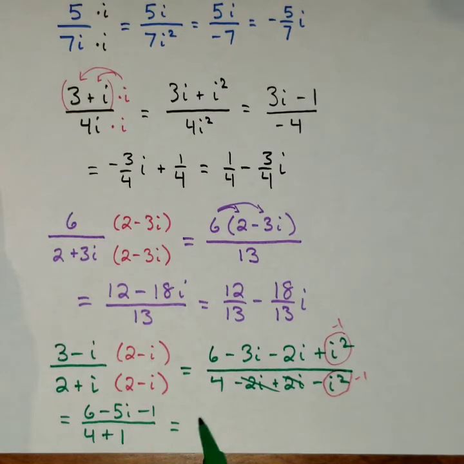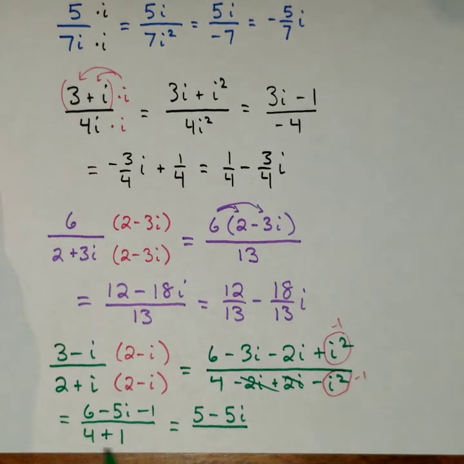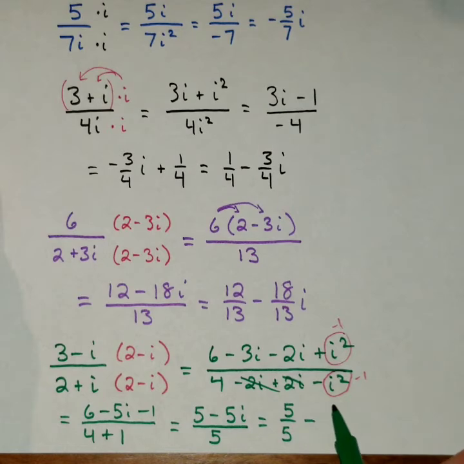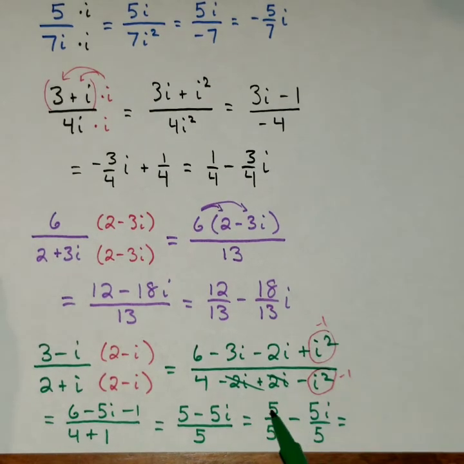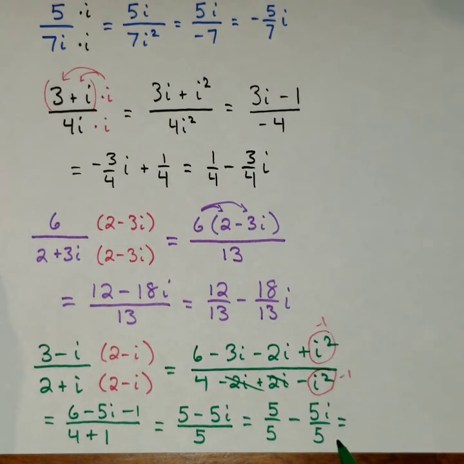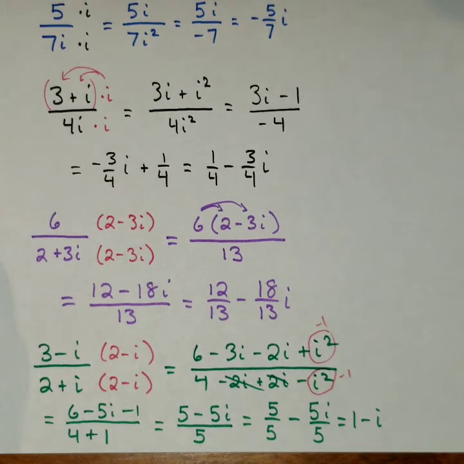And so on top I get 5 minus 5i, right? 6 minus 1 is 5. On the bottom I get, oh nice, it's all 5s. So now when I split this up, I get 5 over 5 minus 5i over 5. All my fractions simplify, and this is 1 minus i. And there it is. That simplified it very nicely.